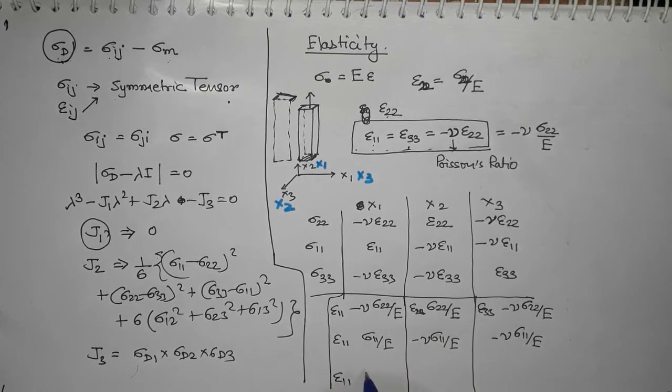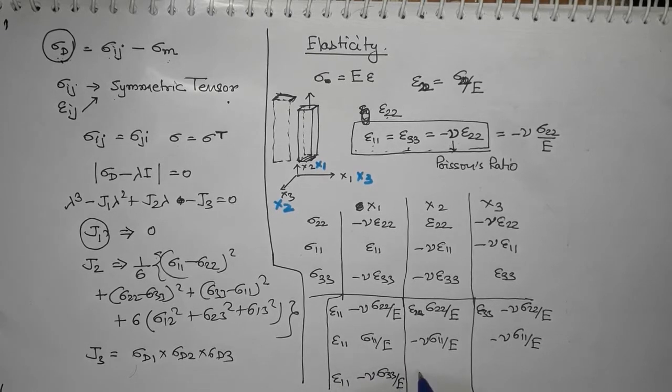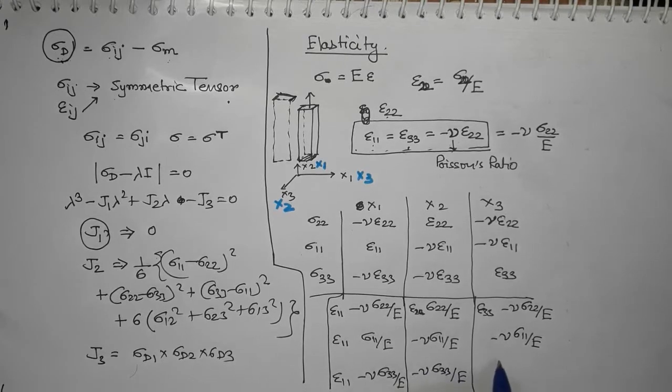Now for the third case, it will be minus mu into sigma 3 3 by E, and minus mu into sigma 3 3 by E, and this will be sigma 3 3 by E.